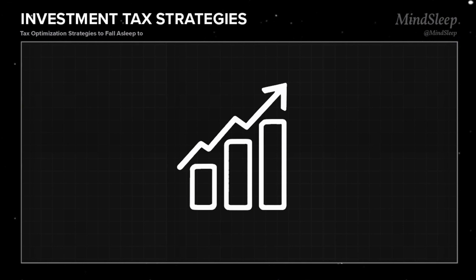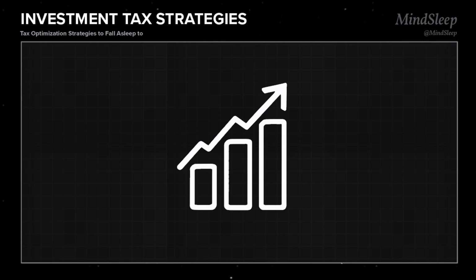Consider a scenario where you receive $10,000 in dividend income. If these are all qualified dividends, and you're in the 15% long-term capital gains tax bracket, you'd owe $1,500 in taxes.